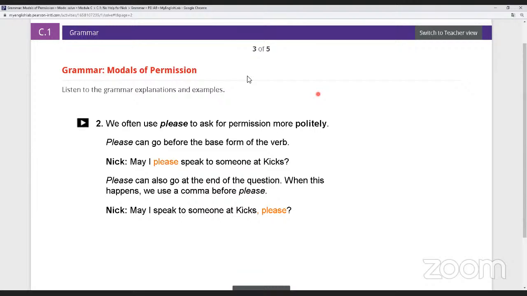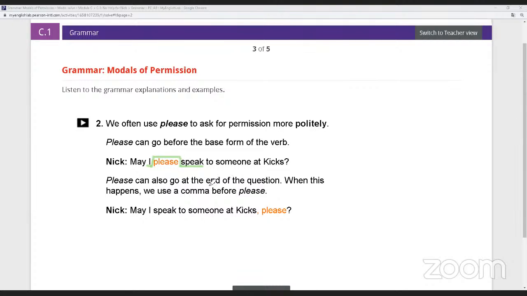You can use it with all the modals, can, could, must, I don't know, all the modals. And the structure is the same. It always goes in the middle, between the subject and the verb in its base form.